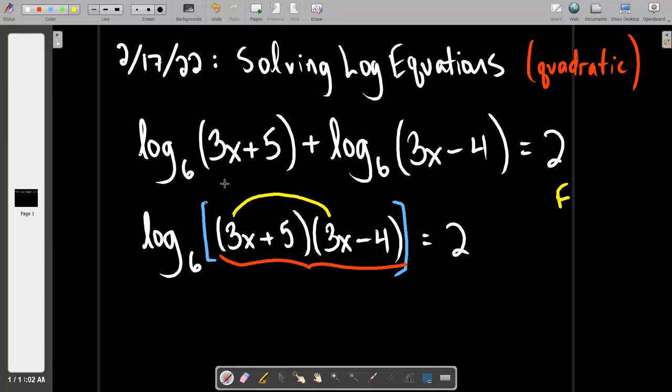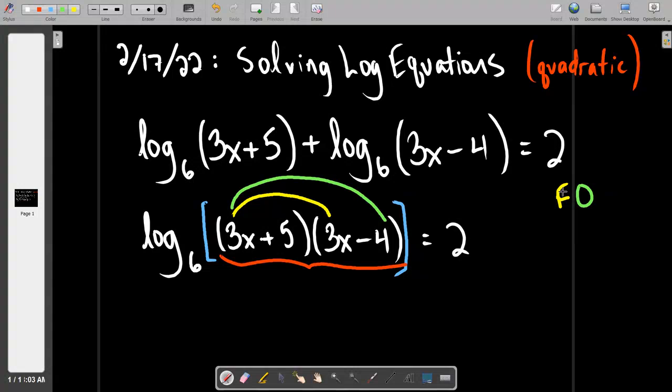And I hope you would agree that if we look at the 3x plus 5 and the 3x minus 4, like 4 dudes walking down a tunnel, the 3x and the minus 4 are on the outer edge of the tunnel. So when you hear people say FOIL, this is where that word comes from. I'm not showing you anything you don't already know, just giving it a cute little name. So if you ever hear someone say, hey, FOIL that, you can go, okay, I know what you mean.